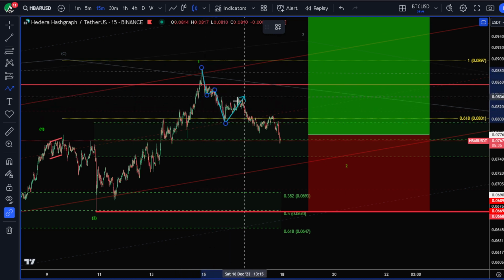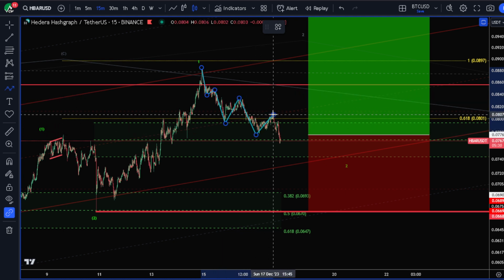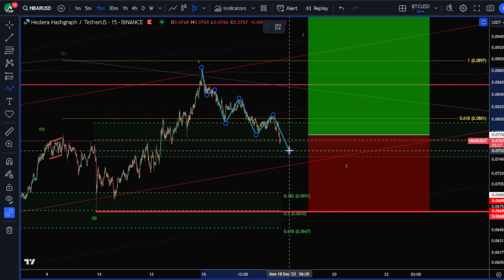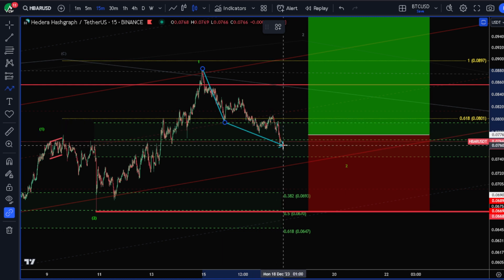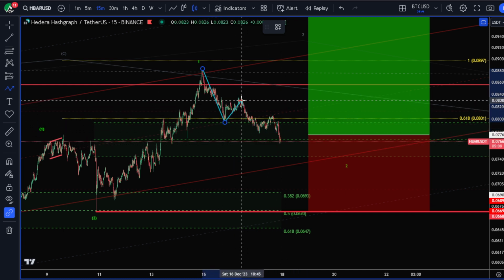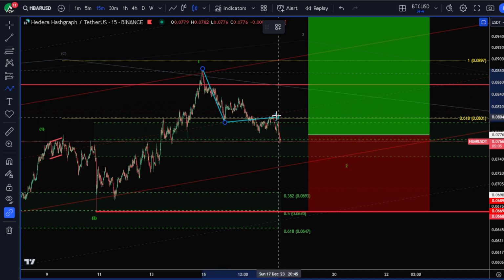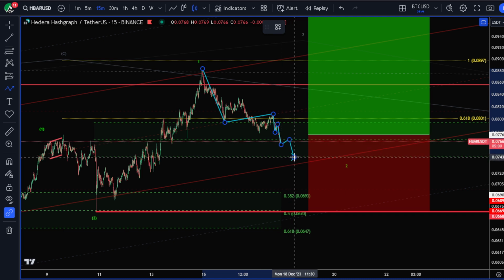This looks like either an X wave here, or ABC, and another 3 waves here to complete a WXY, double zigzag, or alternatively, this is an ABC, then we had a triangle here, running triangle, A, B, C, D, E, and this is our final wave to the downside, or this also fits, we have a running flat and our C wave starting here, and we could expect one more wave down for our C wave.